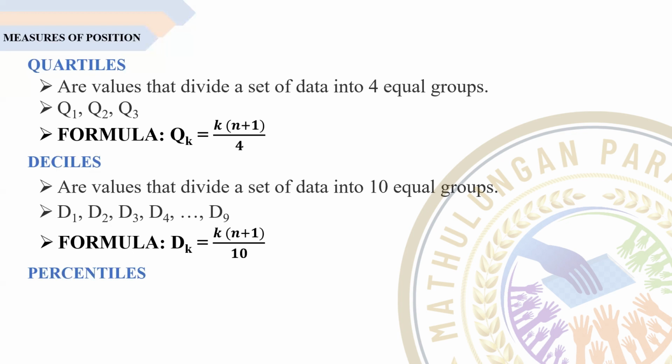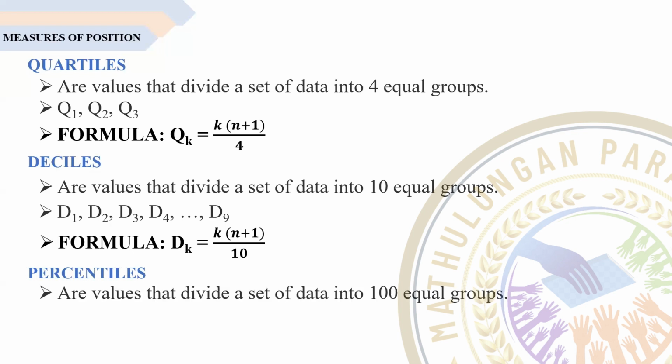So kung makikita natin ang formula sa quartiles at ang formula sa deciles, ang pagkakaiba lang nila is the denominator and at the same time yung symbol ng quartiles and decile. And the last, when we say percentiles, are values that divide a set of data into 100 equal groups.